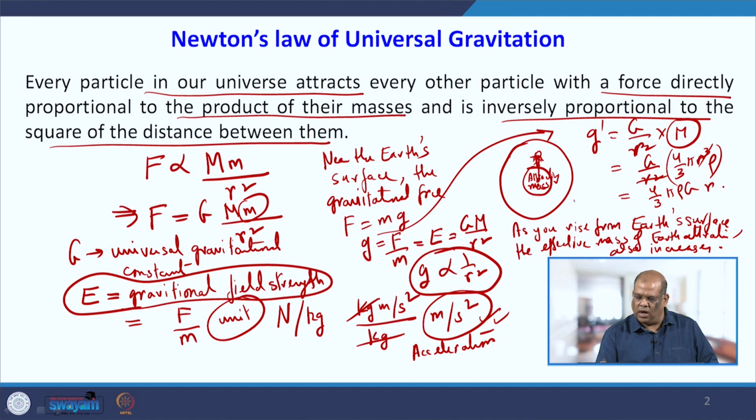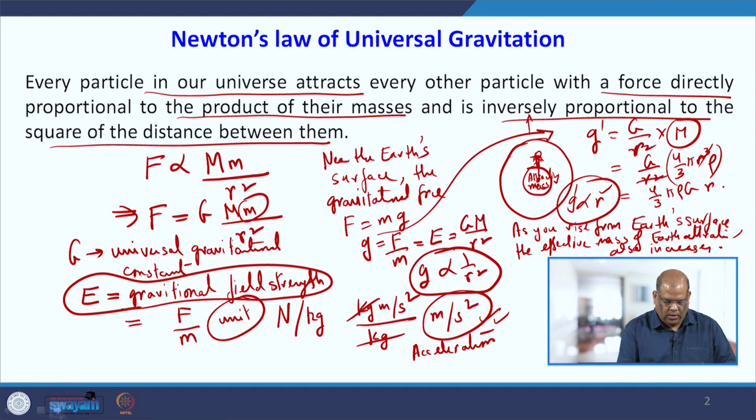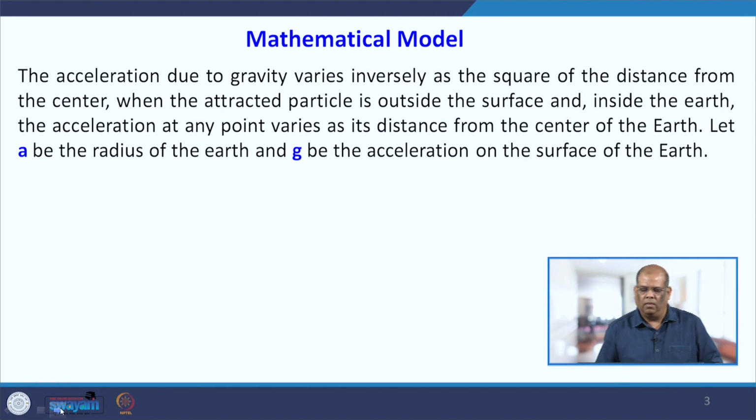So inside the Earth's surface, your new g dash varies as r linearly. The take home message is that inside the Earth, the acceleration varies linearly as the distance from the center, and on the surface and above, it follows the inverse square law, which varies as 1 by r square. With this information, let us take an example.